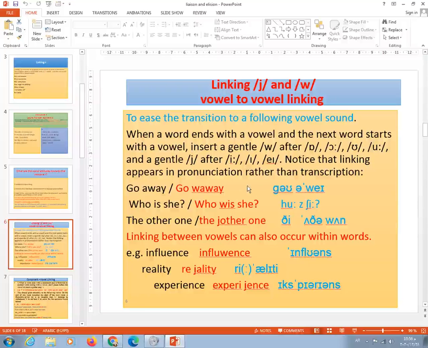Also note that linking doesn't appear in transcription, although of course in pronunciation we pronounce these linking sounds, but they do not appear in transcription. Okay, so let's look at this example.